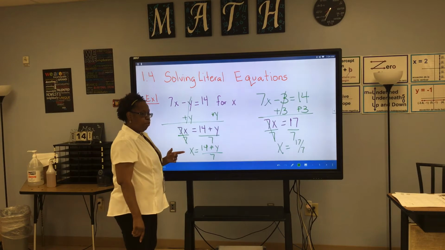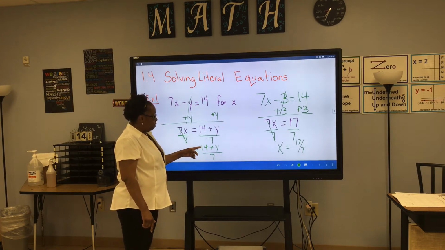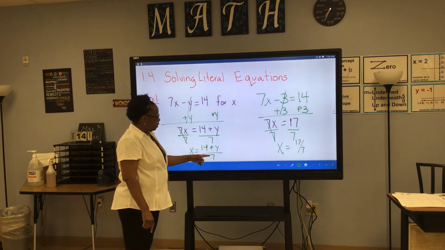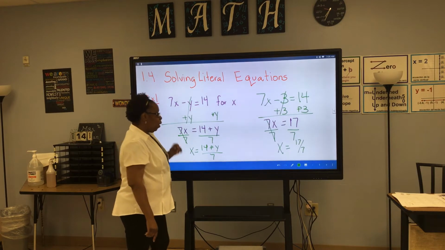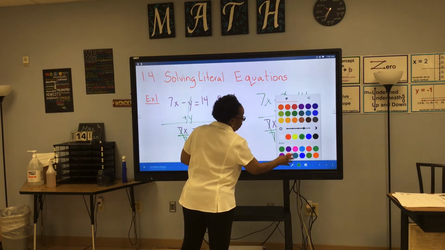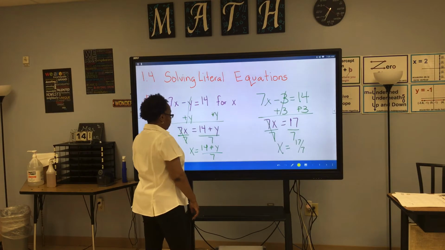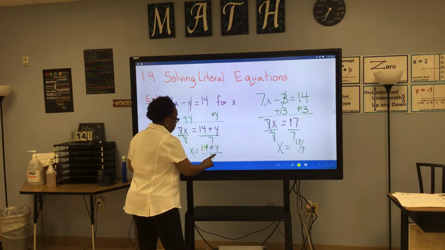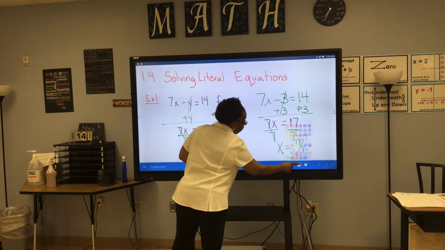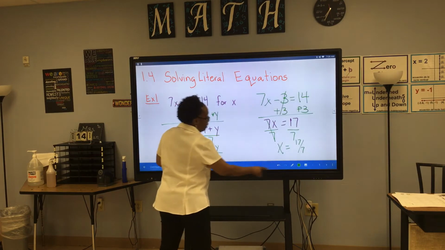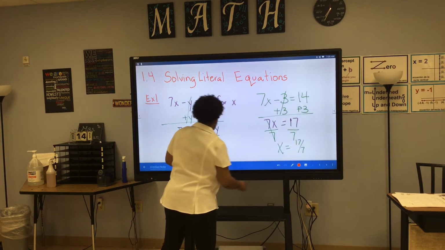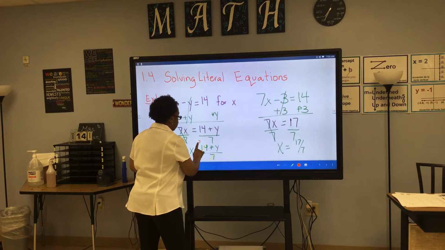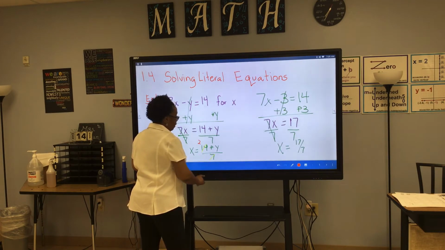Now, this is pretty interesting. In this case, the 14 and the 7 can simplify. What can divide into both 14 and 7? Right, 7 can. So I mark those out, and I say to myself, 14 divided by 7 is what? That's a 2. 7 divided by 7 is what?